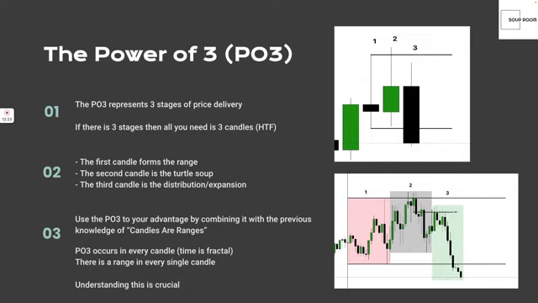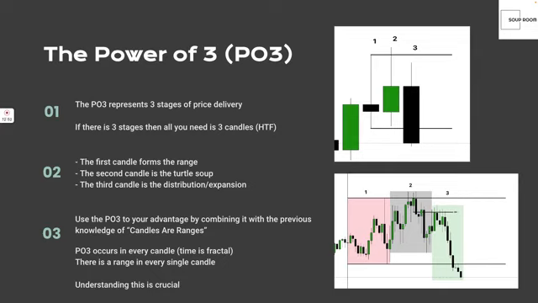Why? Because if there is 3 stages, then all you will ever need is 3 candles. Let's take this image on the right. This is the same image that was in the first couple of slides. Candle 1 represents the first stage, candle 2 represents stage 2, and candle 3 represents stage 3.